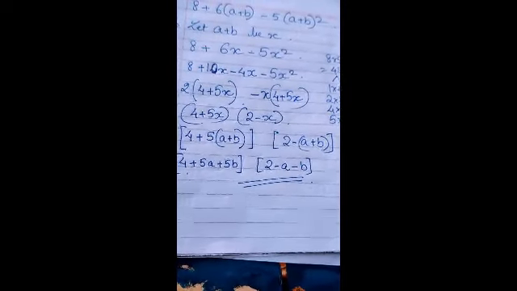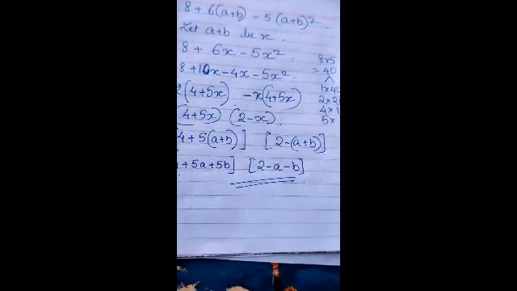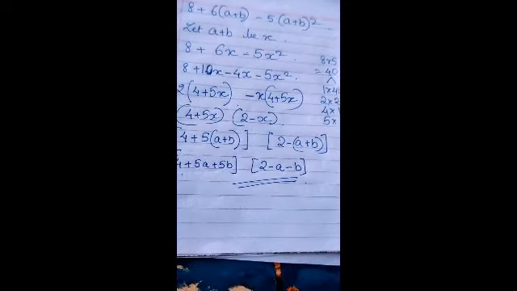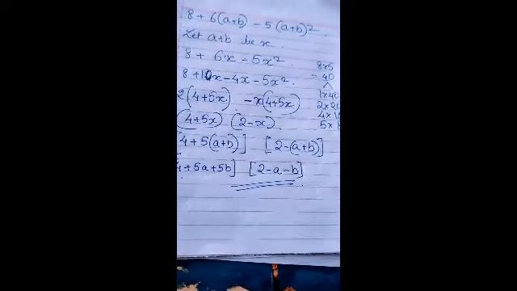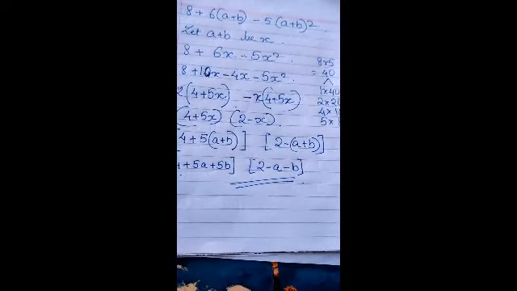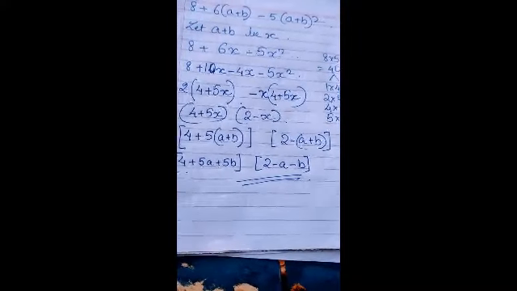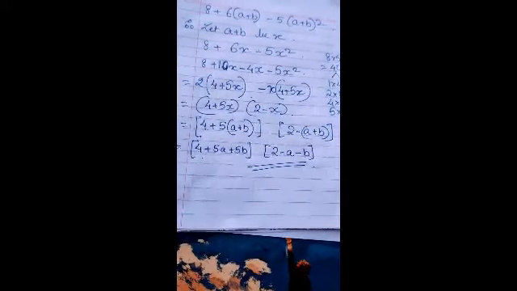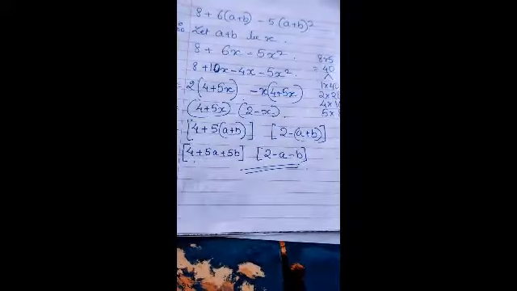So we know that minus x into 4 will give us minus 4x, and minus x into plus 5x will give us, minus into plus is minus, and x into 5x is 5x square. So minus x into plus 5x gives us minus 5x square. So it satisfies our expansion. So our new two factors are 4 plus 5x and 2 minus x.